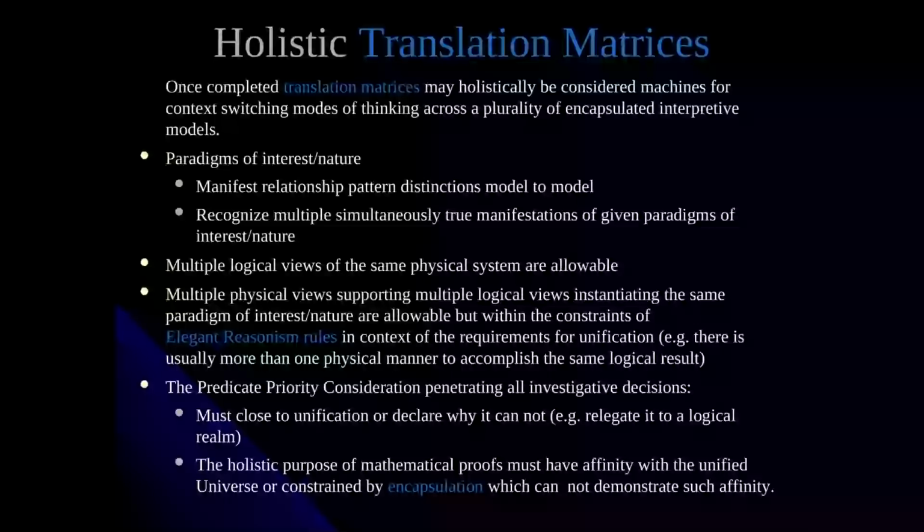The purpose of a mathematical proof is to take all of this into account, not just the traditional things we would relate to a mathematical proof. We have to be able to say that equation 1, 2, 3 in M1 cannot close, it may be true, but it can never close to unification.